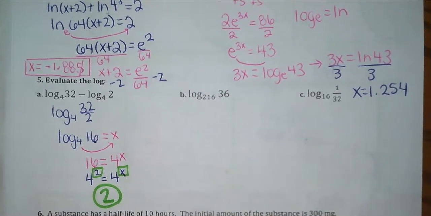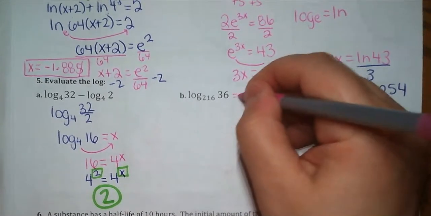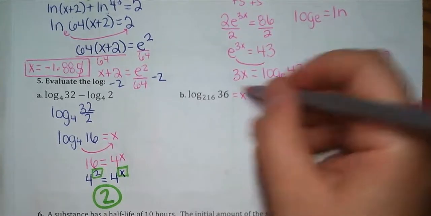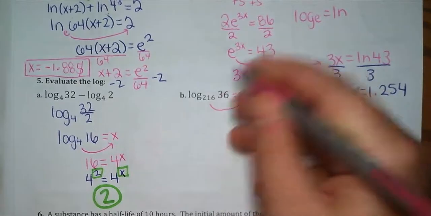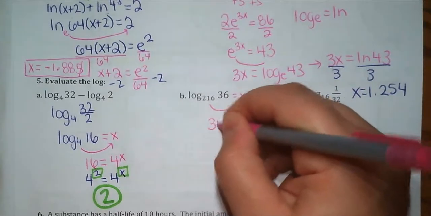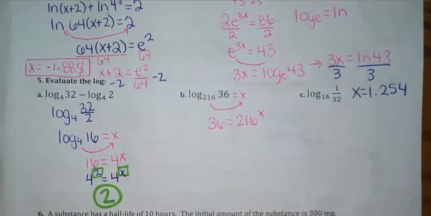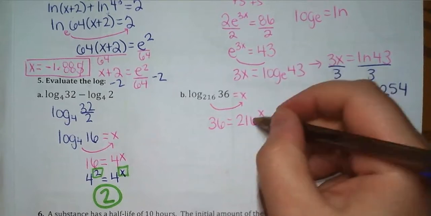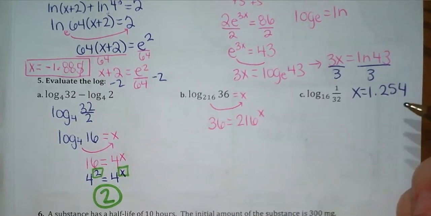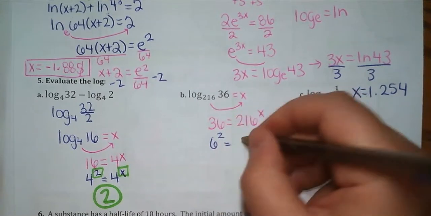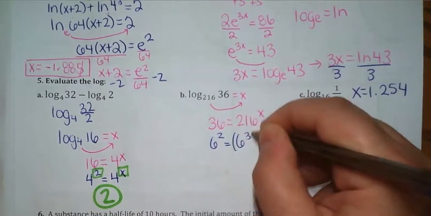Now, I don't have any log property to apply here, so to get rid of the log, I'm going to immediately turn that into an equation equal to x. Swing that over. The 36 stays where it's at. 216, the base of the log, becomes the base of the exponent. You're going to push that x up in the air. Now, both of these numbers, the base they would have in common would be 6. So 36 is 6 squared. 216 is 6 to the third.